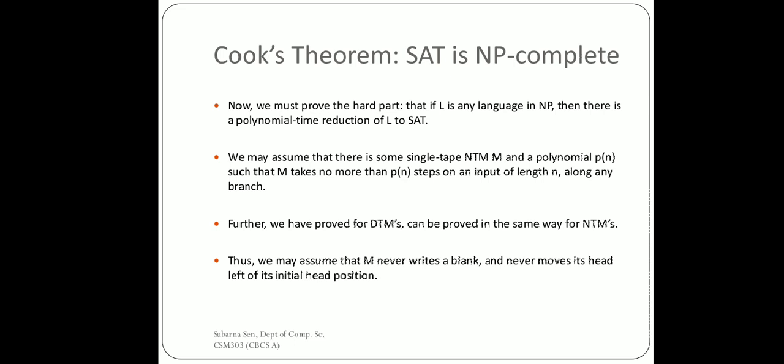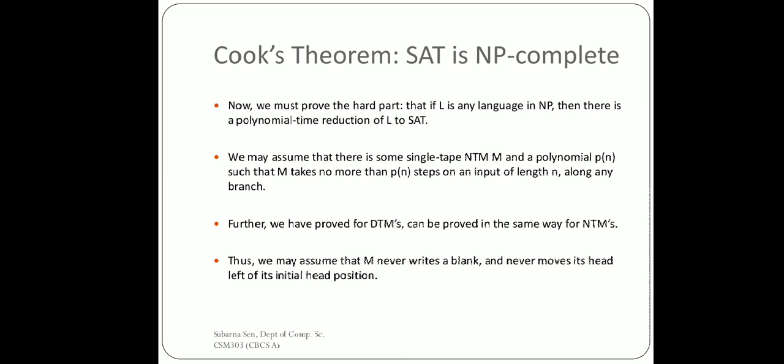So we may assume that there is some single tape non-deterministic Turing machine M and a polynomial p(n) such that M takes no more than p(n) steps on an input of length n along any branch. For now we are assuming this, and we say that across any branch it will not consume more than p(n). Why are we assuming so?